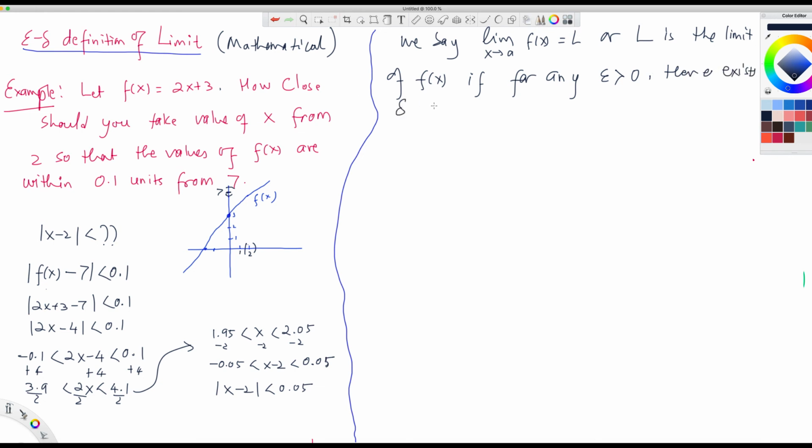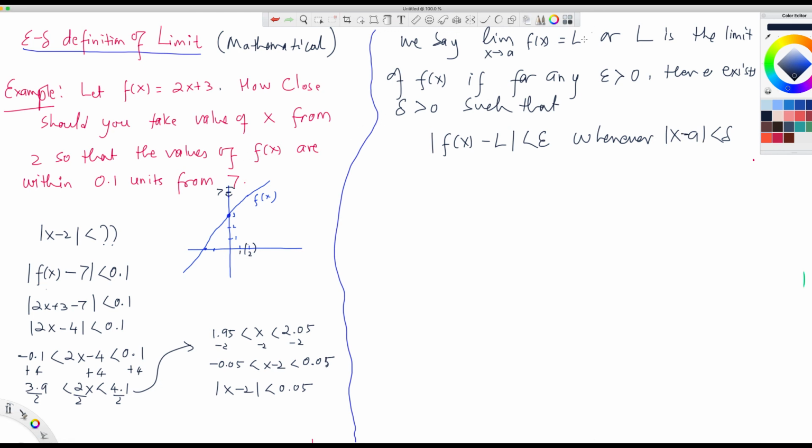a delta greater than 0 such that |f of x minus L| is less than epsilon whenever |x minus a| is less than delta. So it is saying exactly the same thing, right?